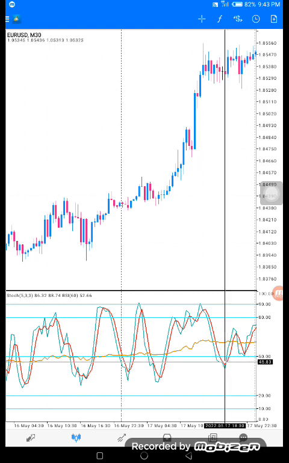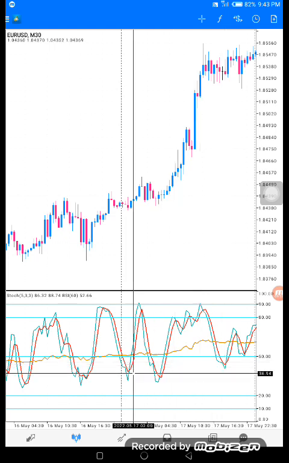Also note that on the candle where you enter the trade, you put your stop loss below the previous candle. Any candle that you enter a trade, your stop loss should be below the previous candle, below the wick of the previous candle.